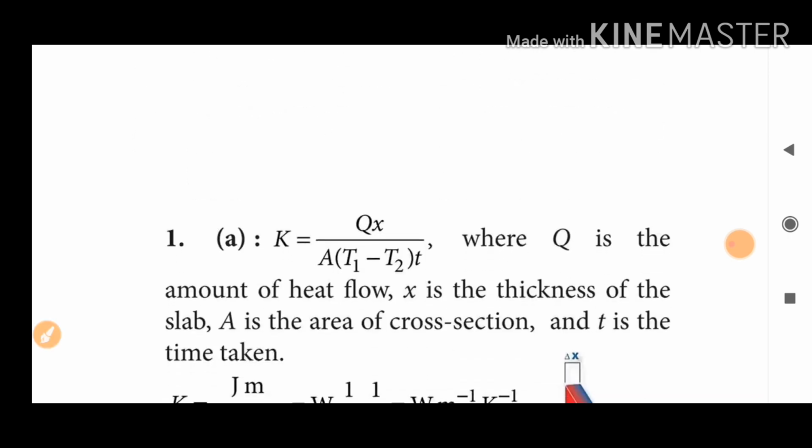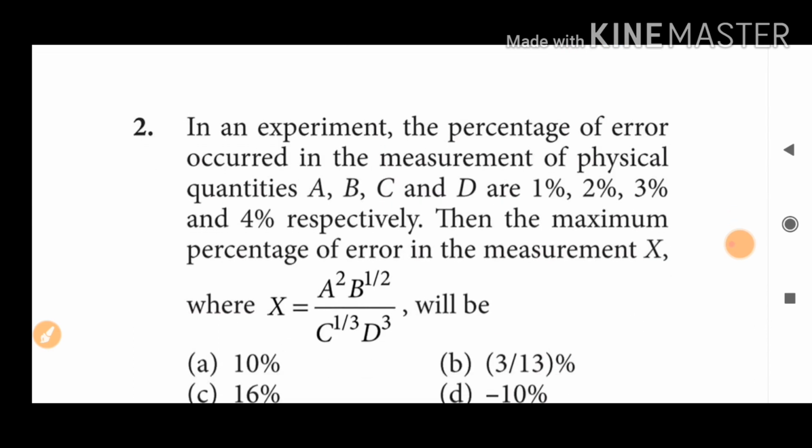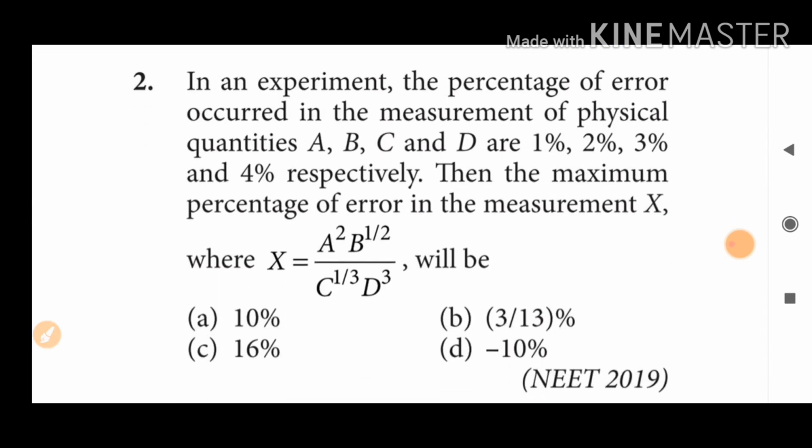Fine. Next question is: in an experiment the percentage of error occurred in the measurement of physical quantities A, B, C and D are 1%, 2%, 3% and 4% respectively.